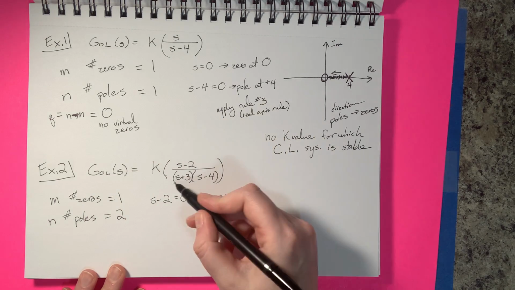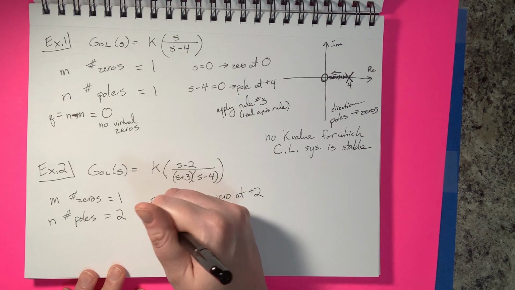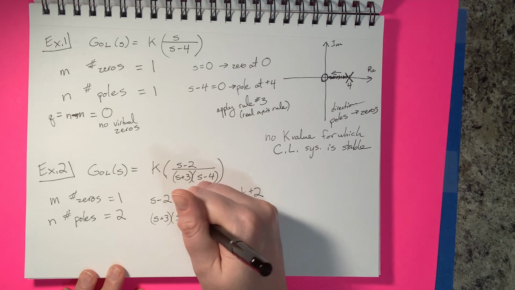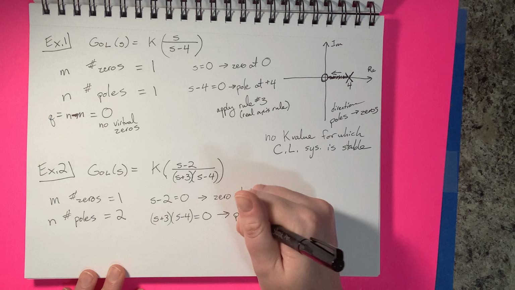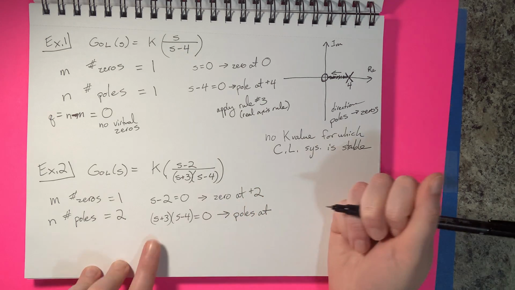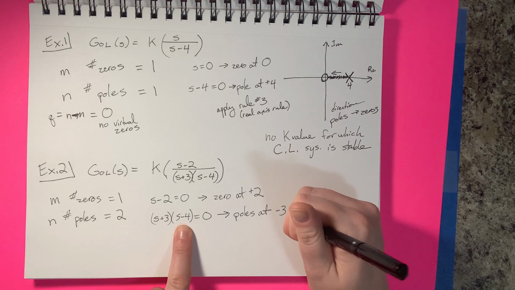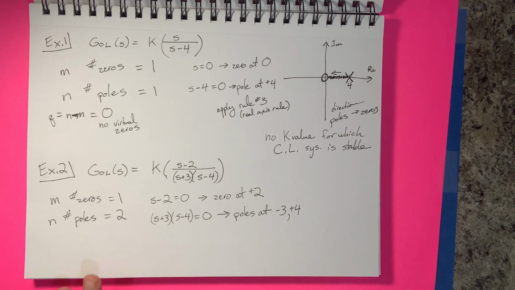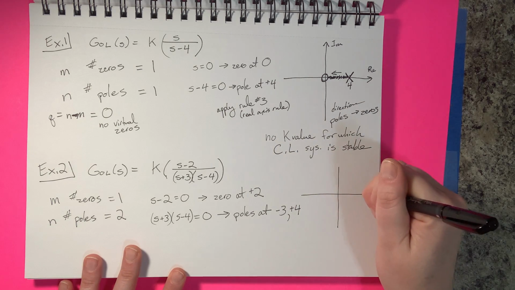So if we were to set this equal to 0, the s plus 3 and s minus 4 polynomial, that means that we have poles at -3, that solves the equation to 0, or +4. All right, so let's go ahead and start our plot.